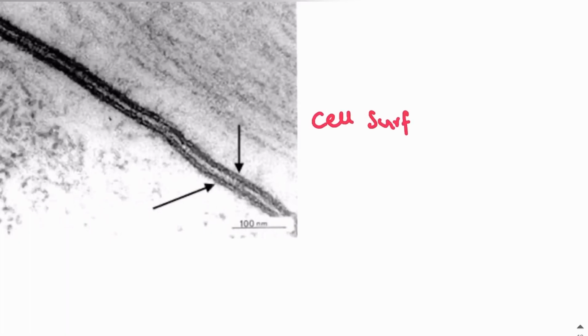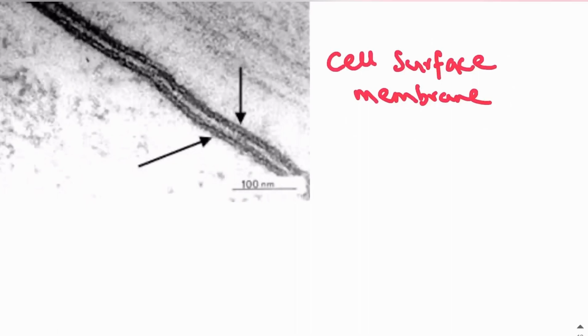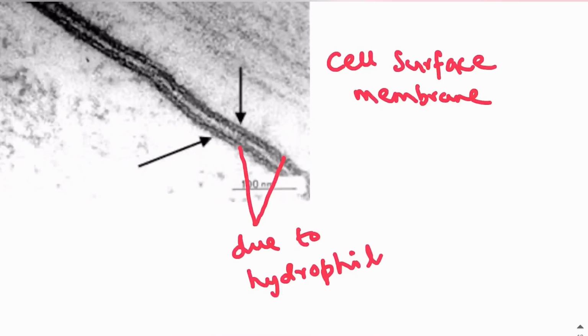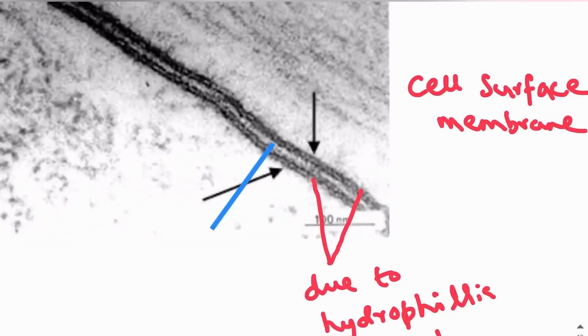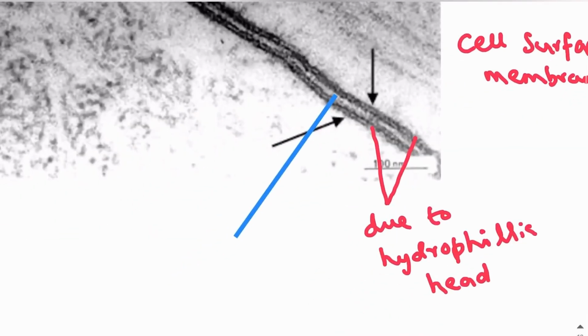And why are there three layers, two dark lines and a central pale line? Two dark lines are due to hydrophilic heads, and the central pale line is due to hydrophobic tails in the membrane.